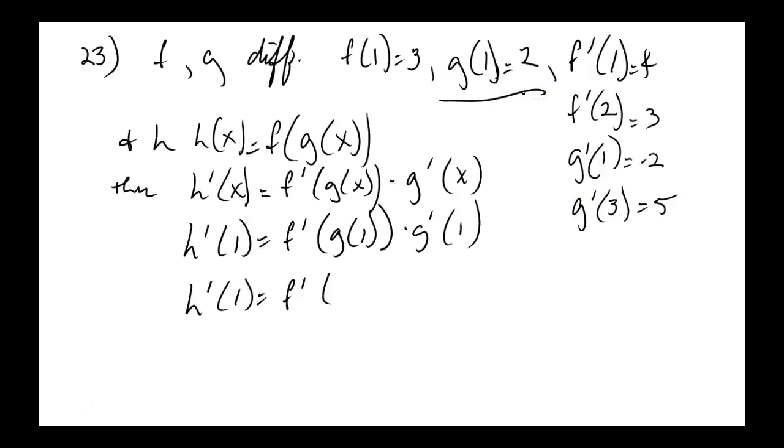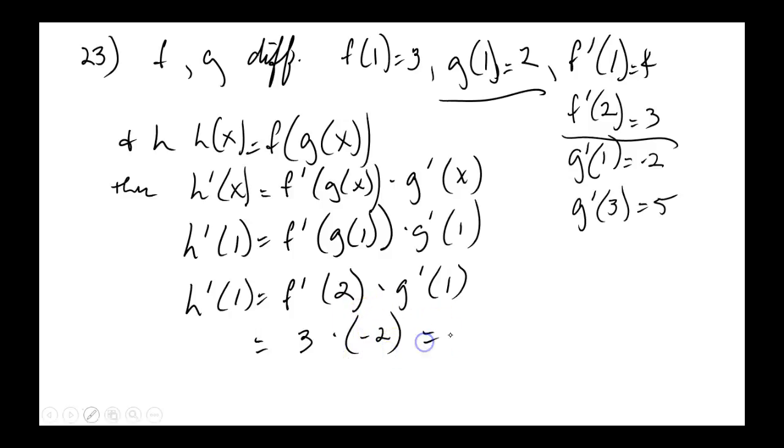Negative 2? No, that's g prime. G of 1 is 2, right? Times g prime of 1. Well, f prime of 2 is 3 times g prime of 1 is negative 2, and this would be negative 6.